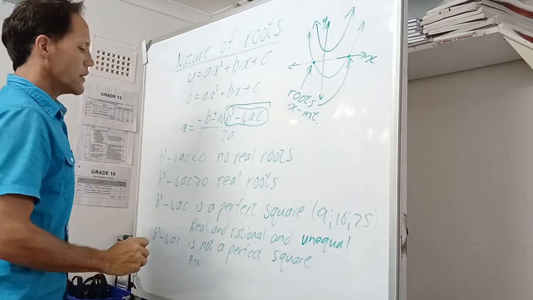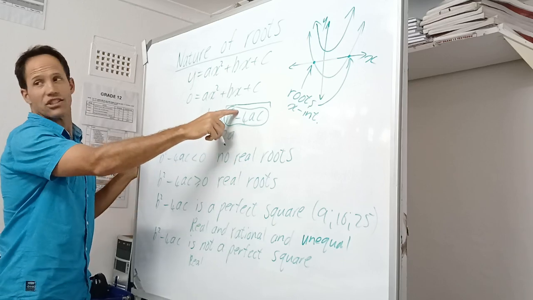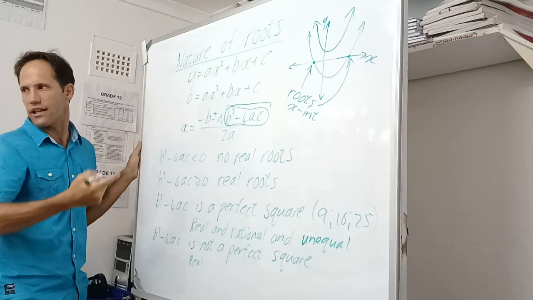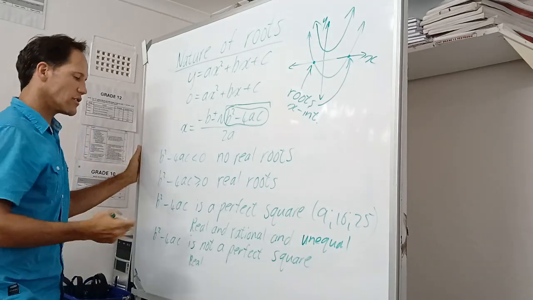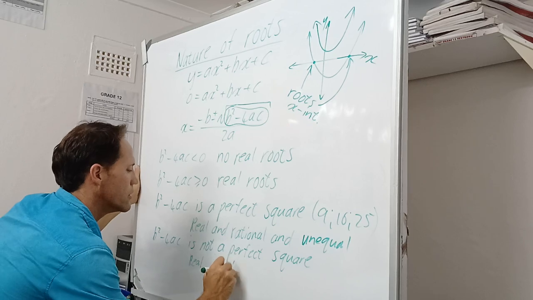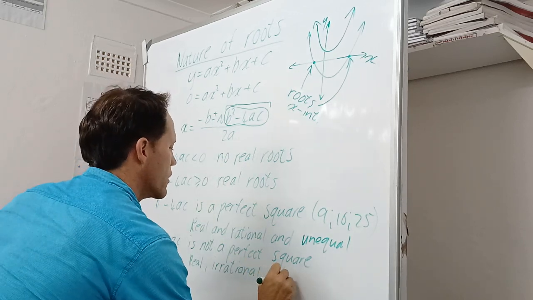Okay? But now, because it's not a perfect square, it means it's going to be irrational. Because let's say it's 10. The square root of 10 is an irrational number. Okay? So now it's going to be real, but it's irrational, and it's unequal.